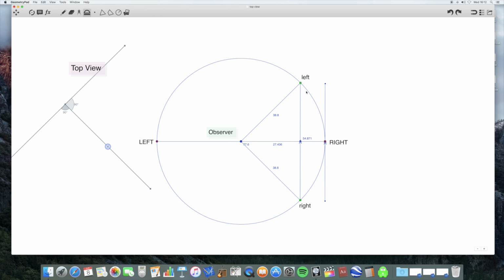Let's think about this line here, because this line is significantly curved, but you're only seeing it at a very, very slight angle. So imagine these two lines are drawn on the flat surface, and this line here is on the flat surface. We want to know what is the angle in your field of view between this line and this line.